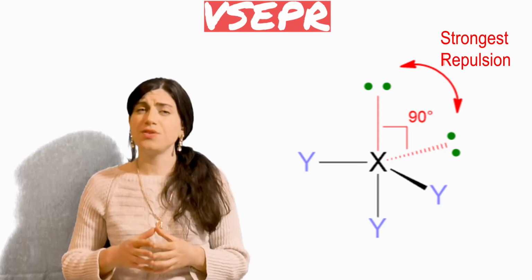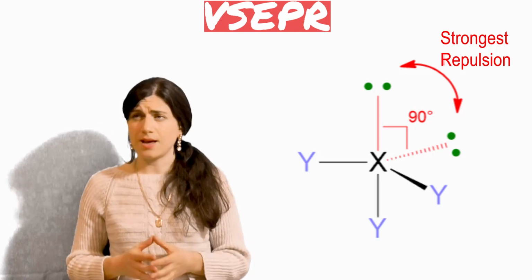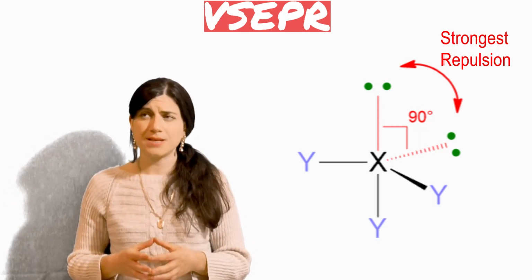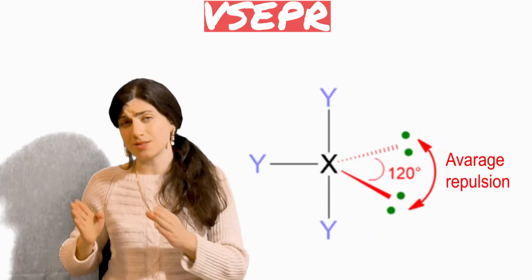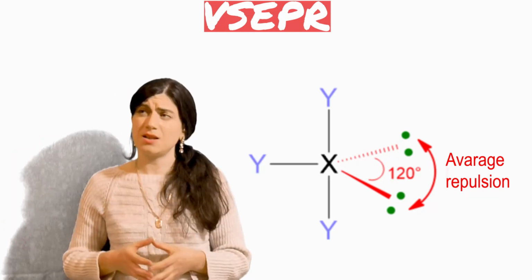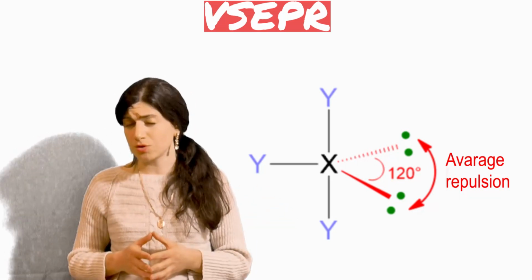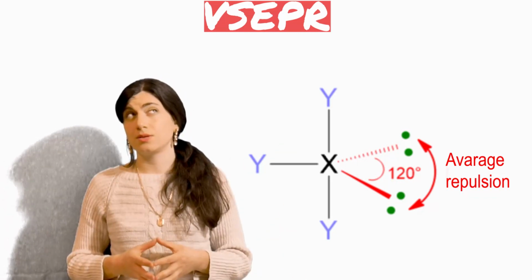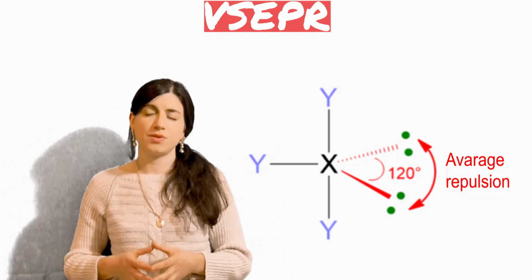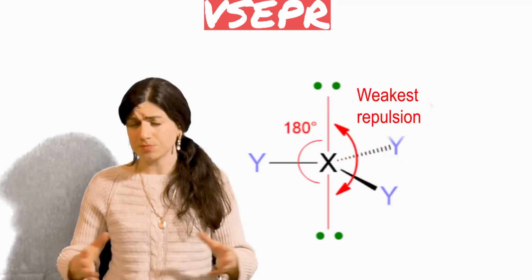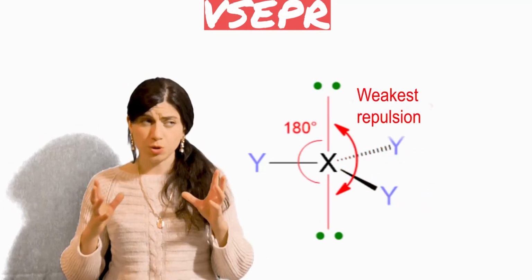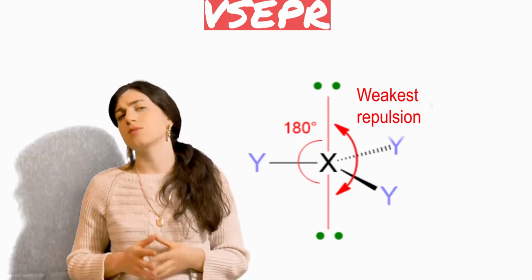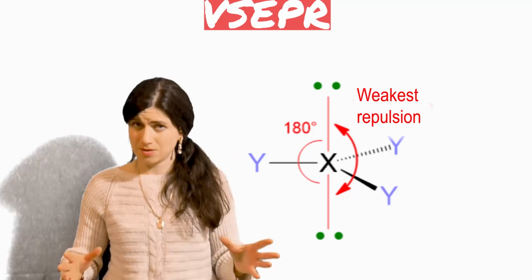On the other hand, if the angle is greater than 90 degrees, for instance 120 degrees, the repulsion is less than the previous one. And if the angle is even greater, the maximum we can have is 180 degrees, in which case the repulsion between these two lone pairs is of course the least we can have.